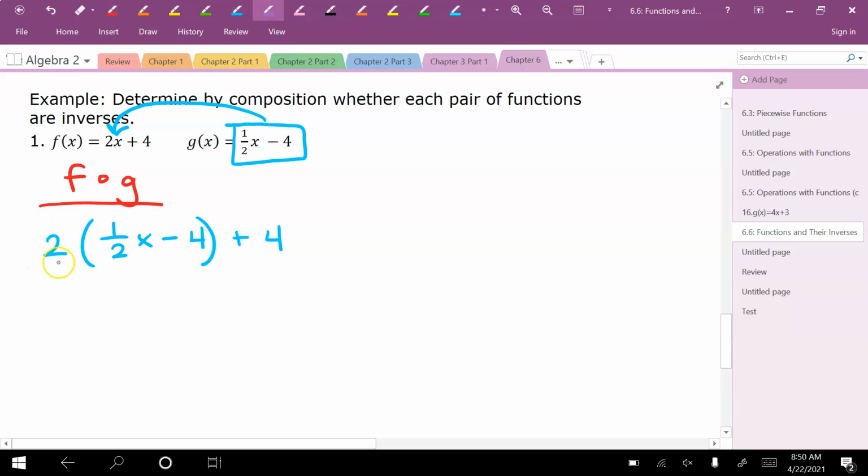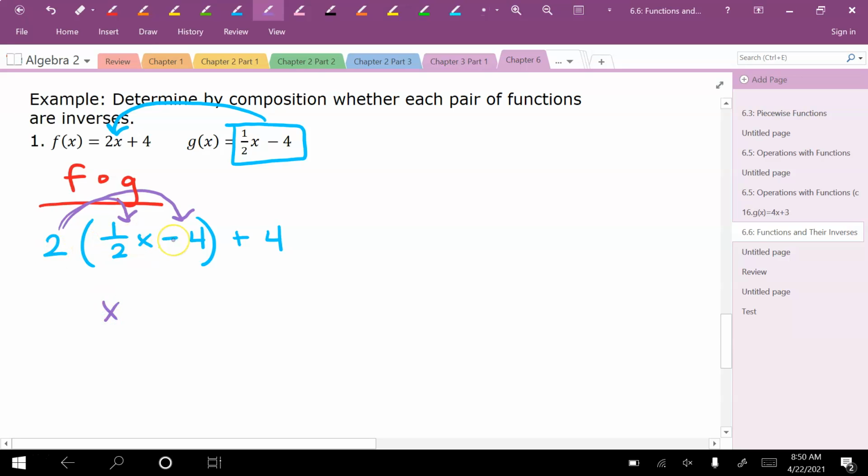I'm going to take this 2 on the front of the parenthesis there and distribute. So what's 2 times 1/2? 1. So this would be 1x, or just x.